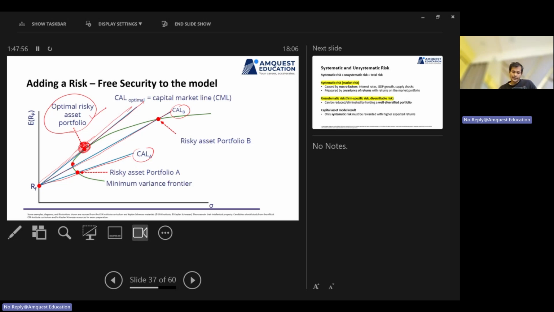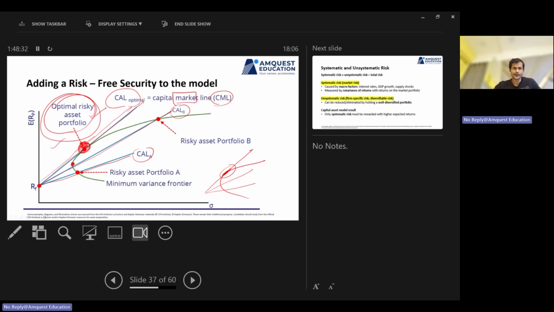Normally the optimal line, in the market, with the market portfolio, is also referred to as the capital market line. Clear? So capital allocation line, capital market line. You look at the optimal risky asset portfolio and connect the dots. I may have one line going here, one line going here, but find the tangency point, and that gives you the optimal risky asset portfolio.